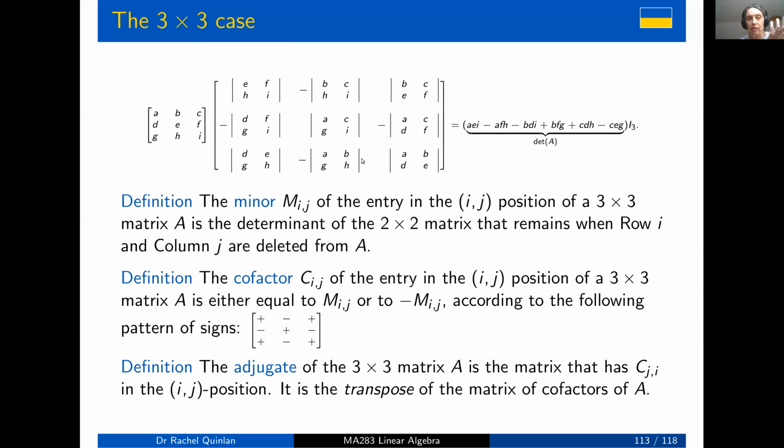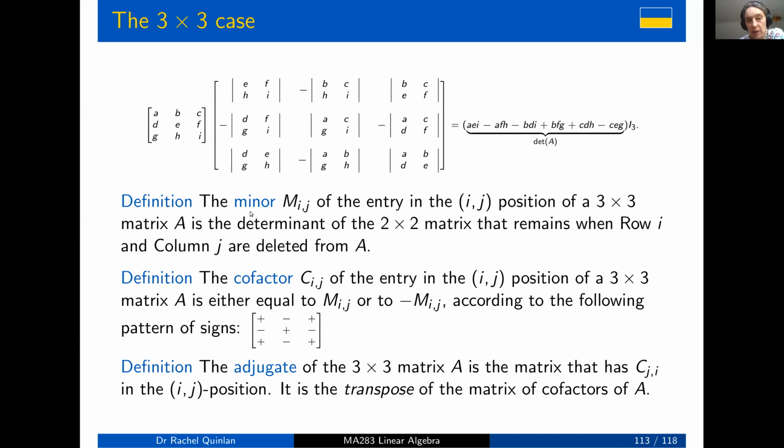Okay, so this adjugate of A, somehow it's a matrix assembled from the determinants of the 2 by 2 matrices that remain when, in turn, for each of the 9 entries of A, its row and column are deleted from A, and we look at what's left. Okay, here's a couple of definitions.